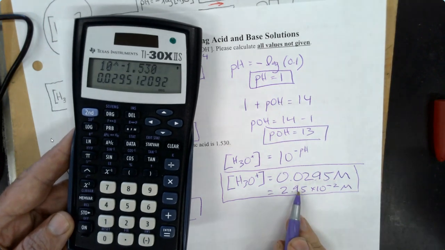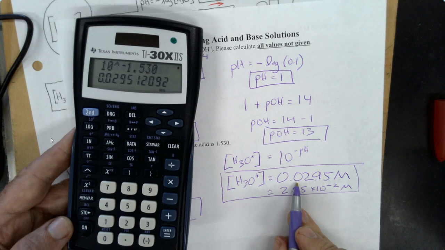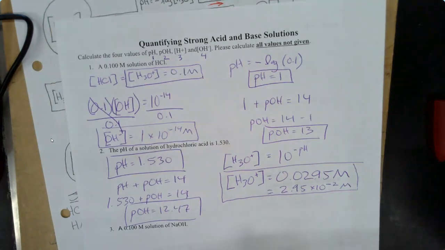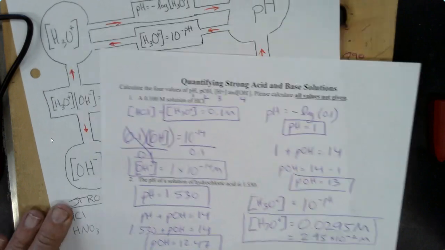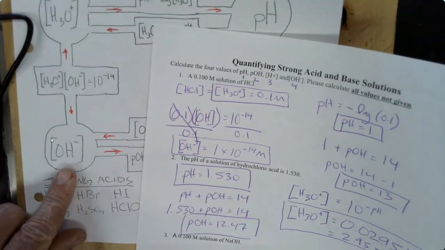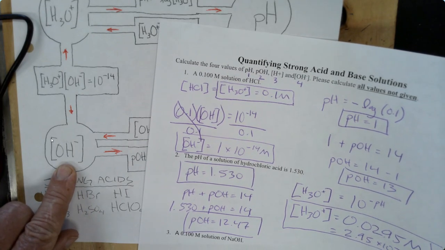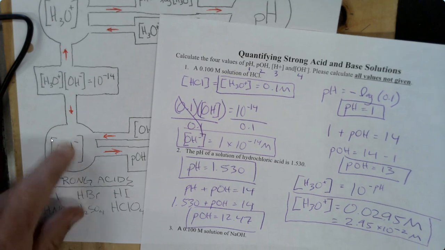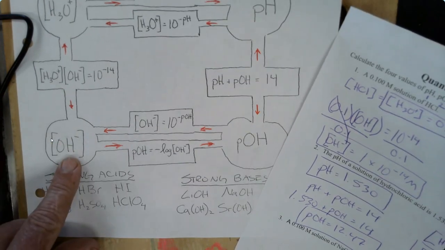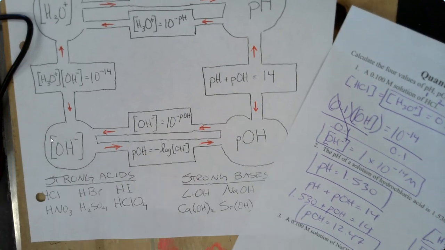This is preferred, I guess, because here you can miss zeros and stuff and get all weird, but here it's nice. Yeah? Okay, so we got 1, 2, 3 of them. Which one do we still need to get? We still need to get the hydroxide ion concentration. So how about we use this one right here? Should we use that one or should we use a different one? Let's use this one right here. It's nice.